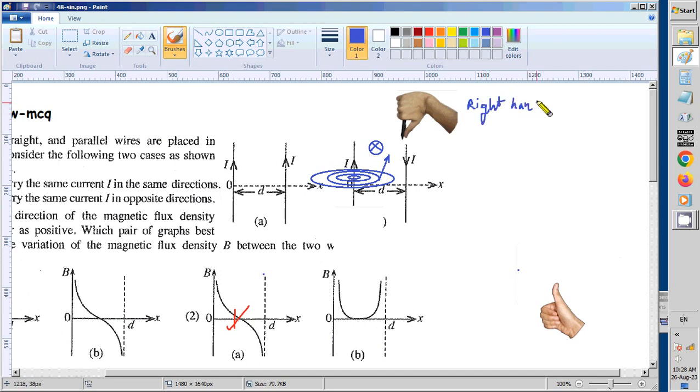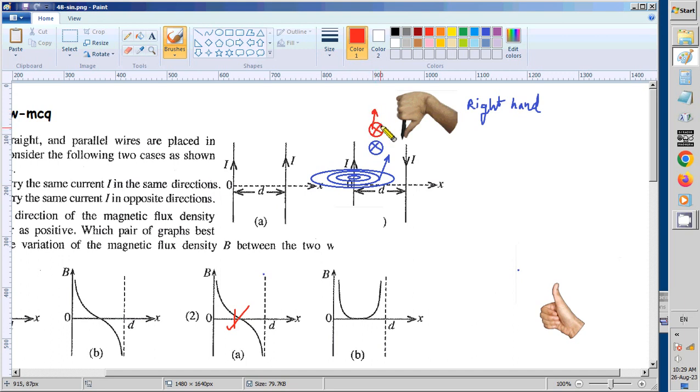Right hand. So the fingers, you see, curled this way. So that means it is a cross. At this center region, the lines are going into the paper.